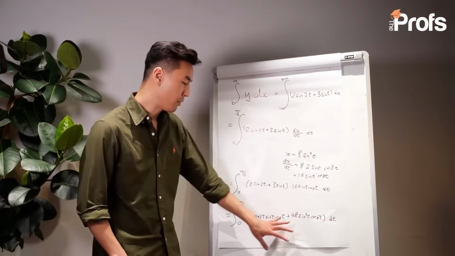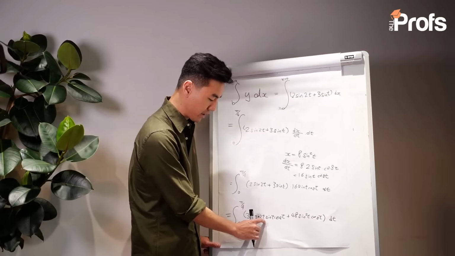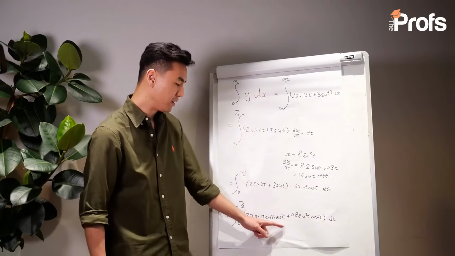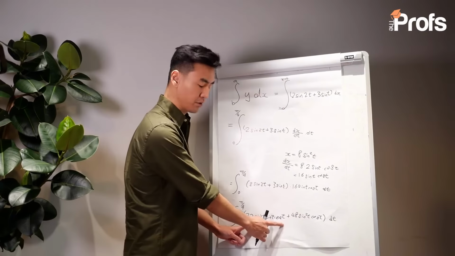So this is where we got up to now. As you can see, here we have 3 different terms together: sine 2t, sine t, and cos t. That's going to be difficult later on when we integrate. So what we need to do is simplify this section here.